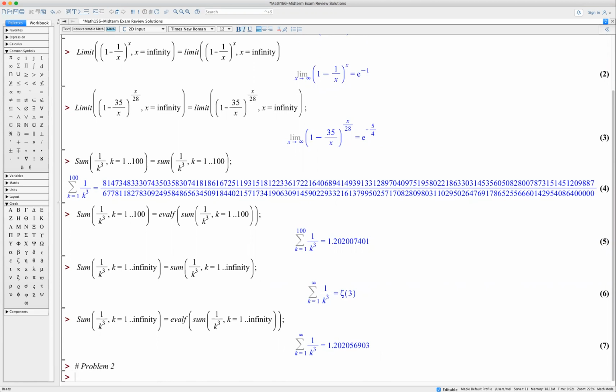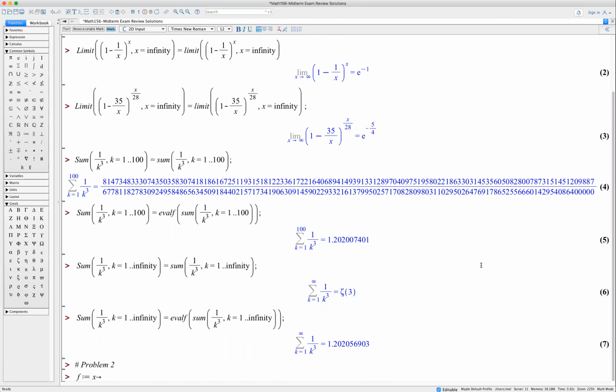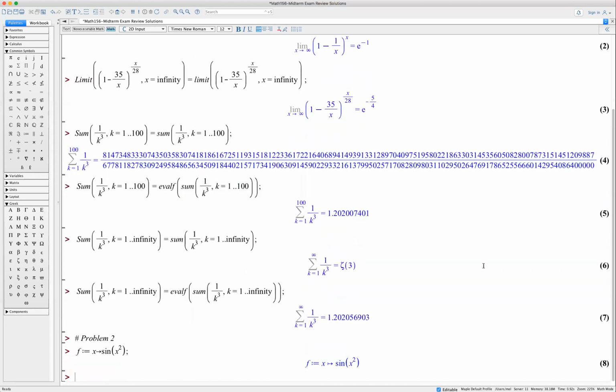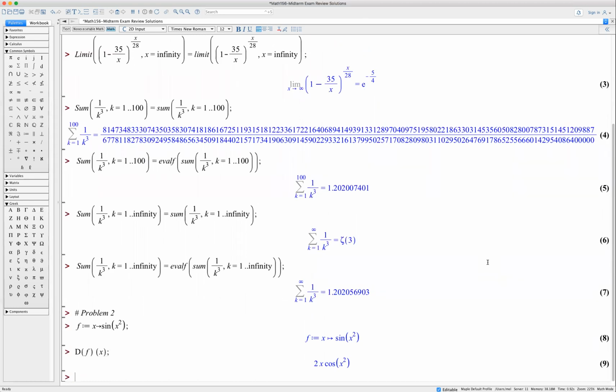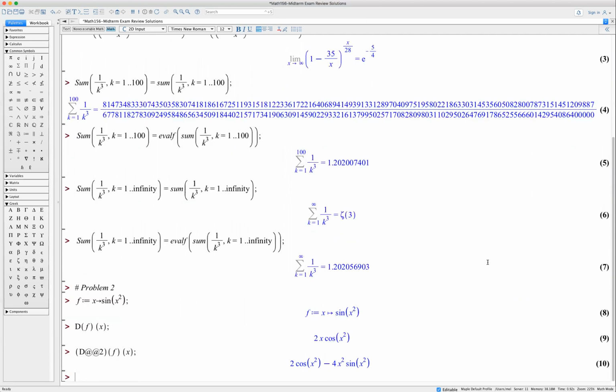Problem 2 is to compute the first and second derivatives of some functions. So the method is the same for all of them. I'll just do a couple. So let's define the function f of x equal to the sine of x squared. So the first derivative of f, d of f of x, is that. And the second derivative is that.